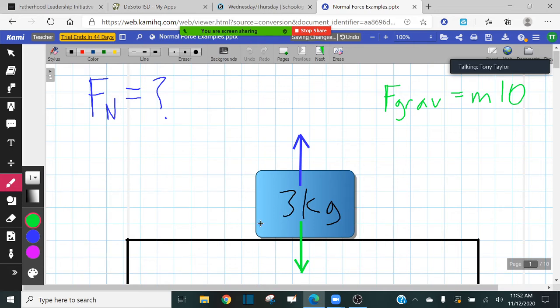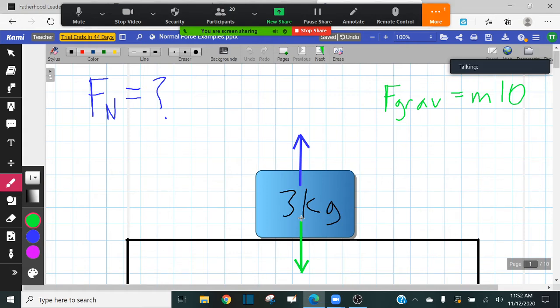So if my mass here is 3 kilograms, guys, that means my force of gravity must be what? Yes, thank you, Courtney. 30 newtons.